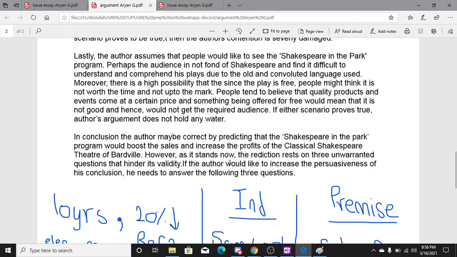However, as it stands now, the prediction rests on 3 unwarranted questions that hinder its validity. If the author would like to increase the persuasiveness of his conclusion, he needs to answer the following. Oh, no, not the following. Oh, gosh. Following basically means that something is up ahead. You should have stated he needs to answer the above raised or aforementioned 3 questions. This is completely wrong.